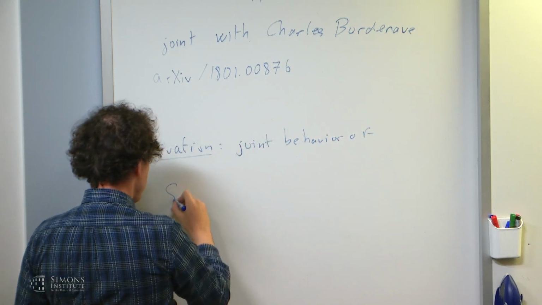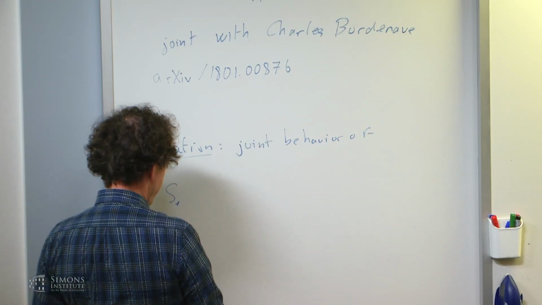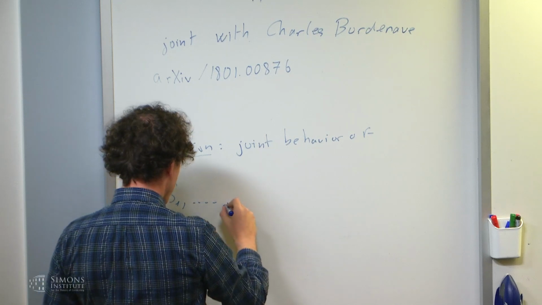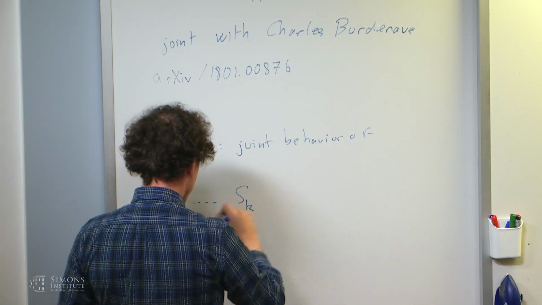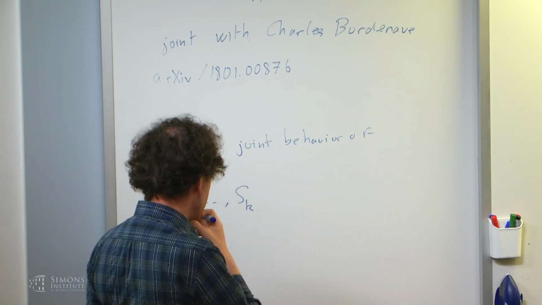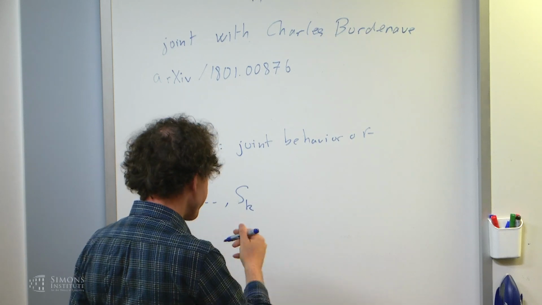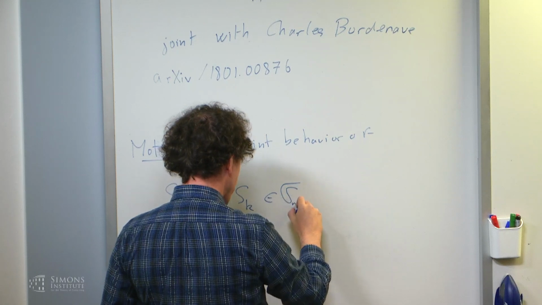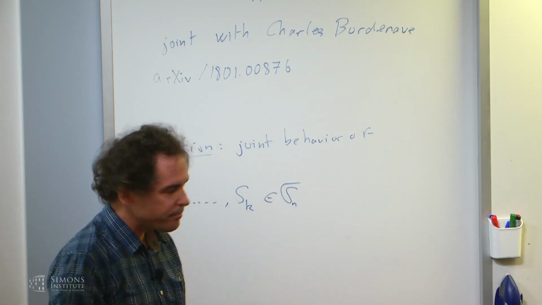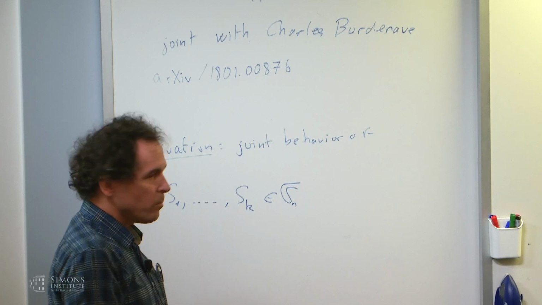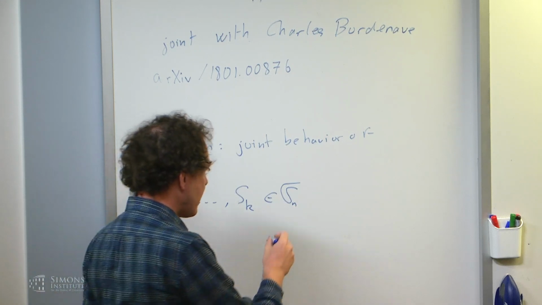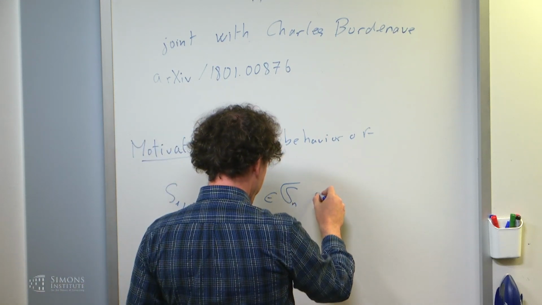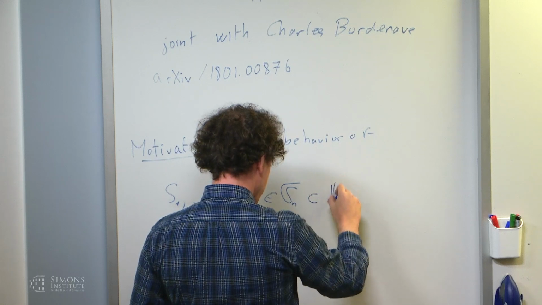I will denote these permutations by S1 down to Sk, and they belong to the symmetric group on n elements, which in turn I'm seeing as permutation matrices.